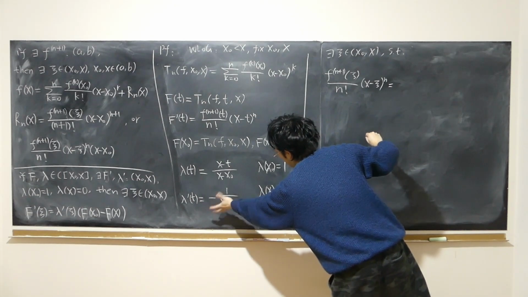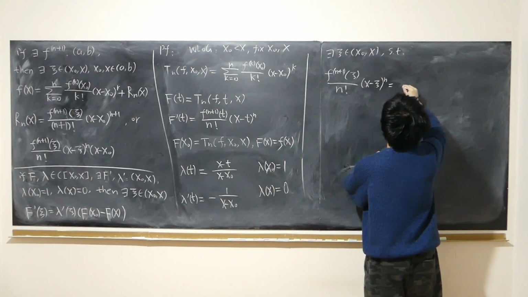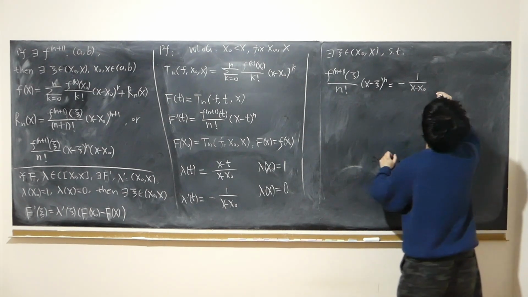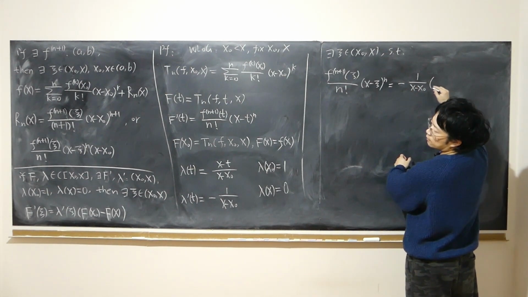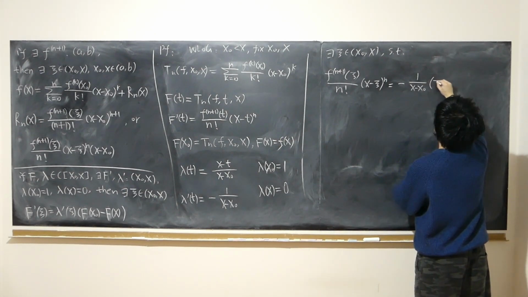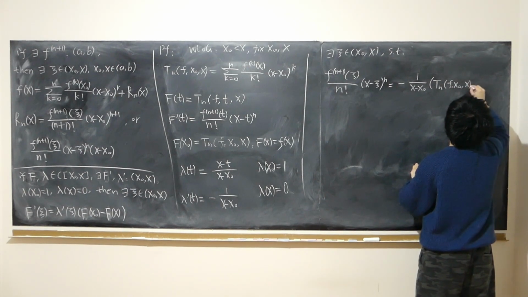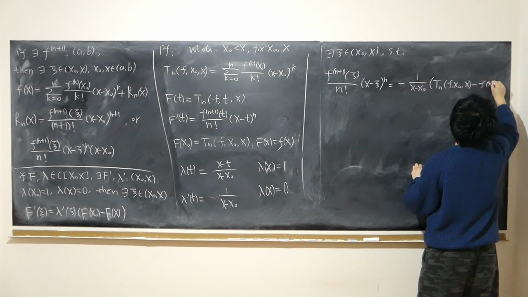There are no more t's in here. So minus 1 over x minus x naught times f x naught minus f of x, still the same thing, Tn of f x naught x minus f of x.